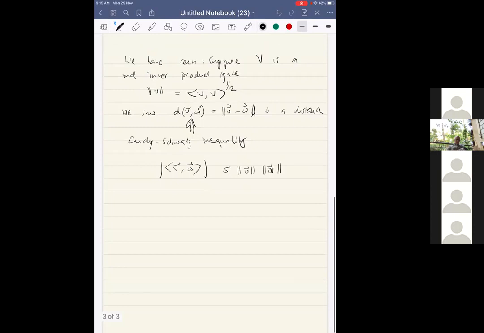Okay, so now we come to the very important notion. Given a finite dimensional vector space, we have defined the notion of a basis. When a finite dimensional vector space has an inner product, when it's an inner product vector space, then there are special bases called orthonormal bases.